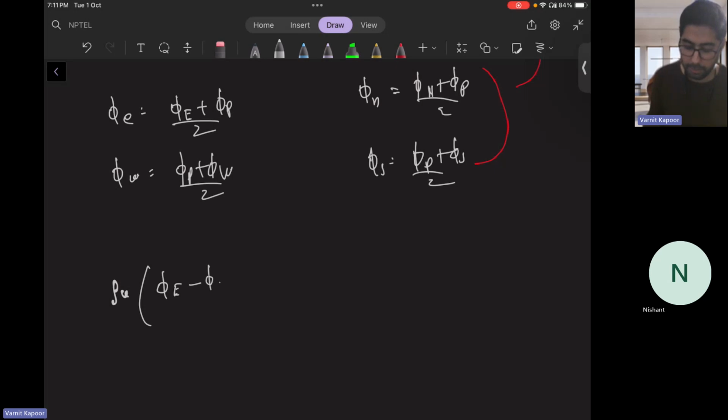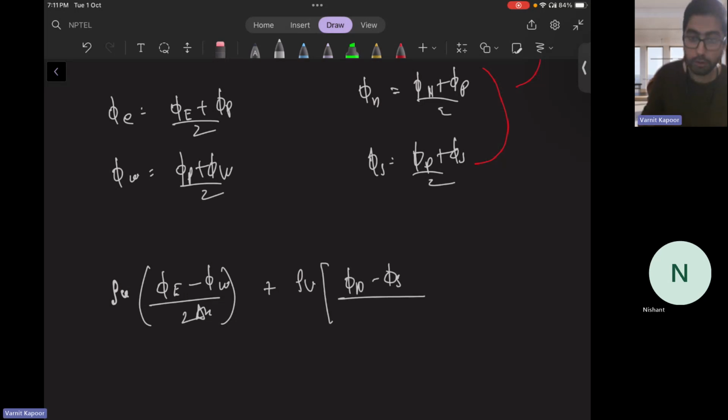So rho u times phi e minus phi w by 2 delta x plus rho v times phi north minus phi south by 2 delta y equals 0.